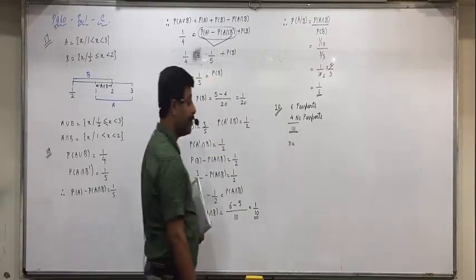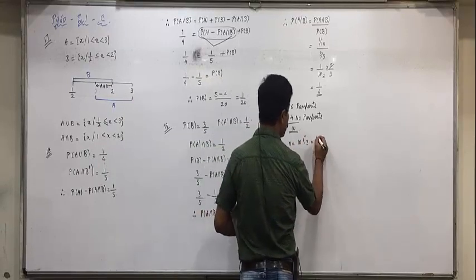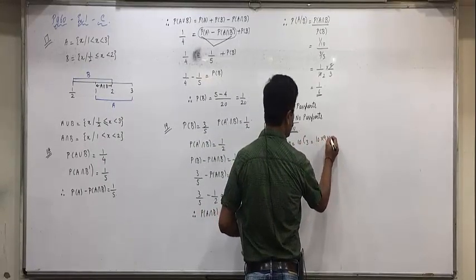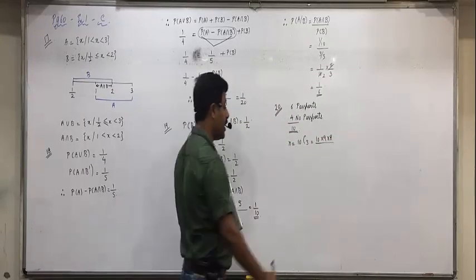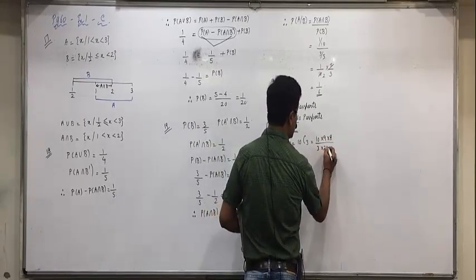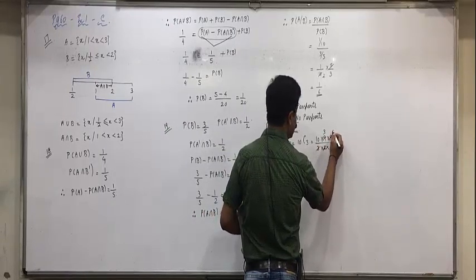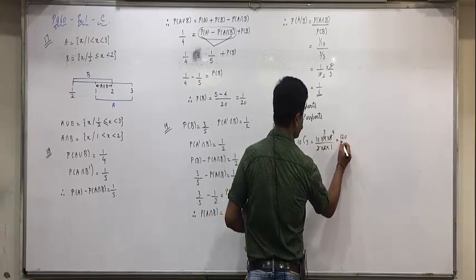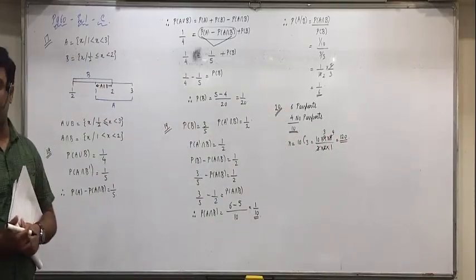How will we find n? 10C3. Now the shortcut I told you: 10C3 is 10 into 9 into 8, open it until 3 numbers, and denominator directly 3 into 2 into 1. 3 into 3 is 9, 2 into 4 is 8, 10 into 12 is 120. Is everyone clear with it?